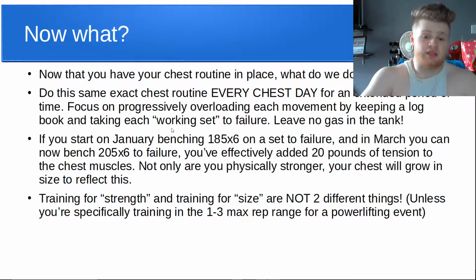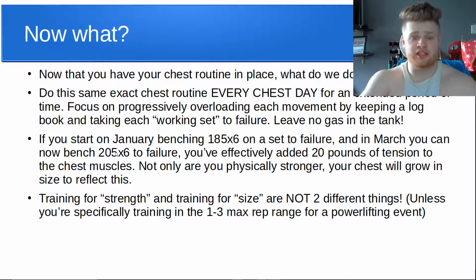What that means is, here's an example of this. If you start a program in January and you are benching 185 pounds for 6 reps, and that 6th rep you take to failure, there's no way you could get another rep. And in March, you can now bench 205 pounds for 6 reps to failure. What you've effectively done is add 20 pounds of tension and torque to the chest muscles.